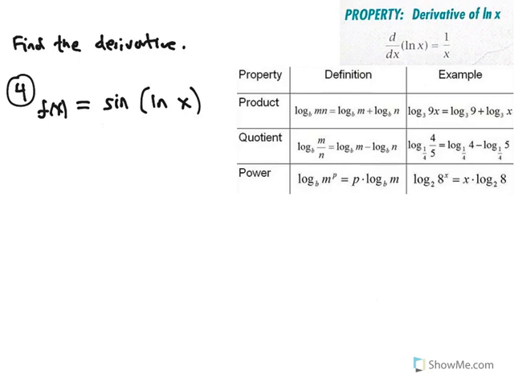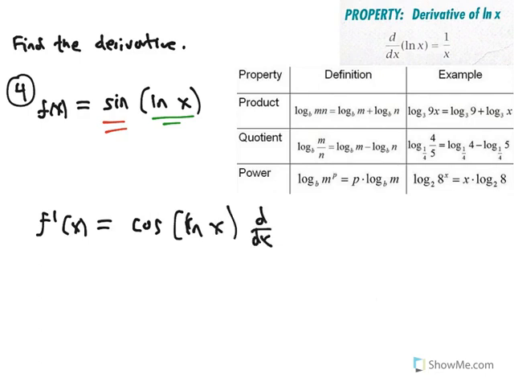And because you have a composition of two functions, the way to find the derivative here is by using the chain rule. The outside function is sine, the inside function is natural log. So the chain rule says begin by finding the derivative of the outside function, evaluate it at the inside function. So the derivative of sine is cosine. We will evaluate that at the inside function of natural log of x, and then multiply by the derivative with respect to x of the inside function.